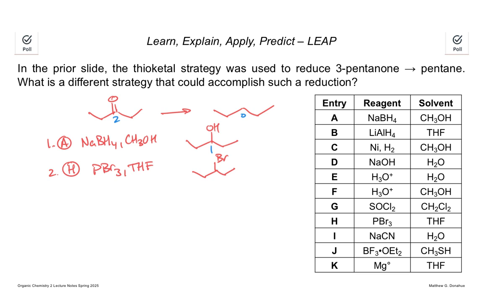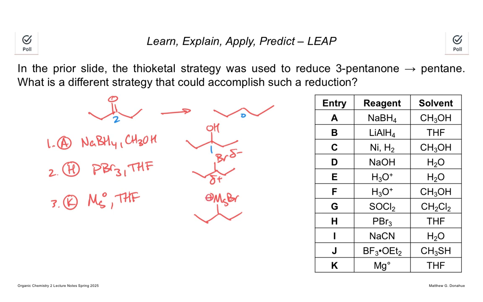So this bond is delta minus, delta plus. We need to reverse the polarity. And to do that, we'll make a Grignard reagent with magnesium, so conditions K and THF. So now essentially we have a carbon anion.